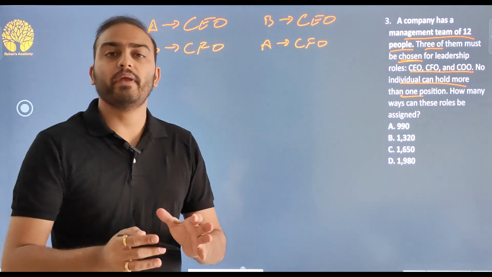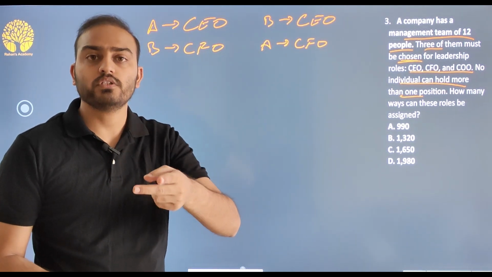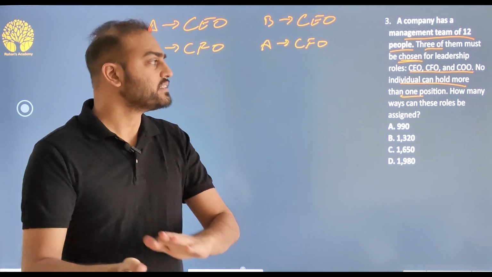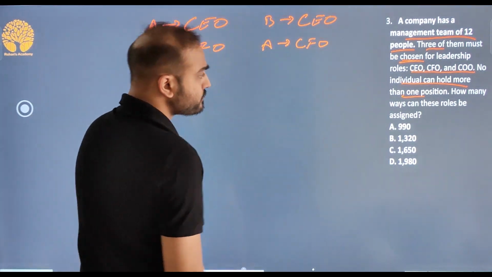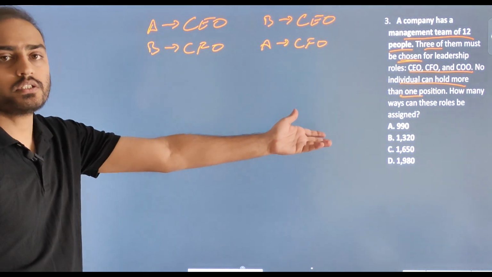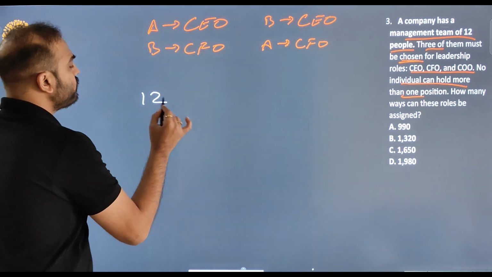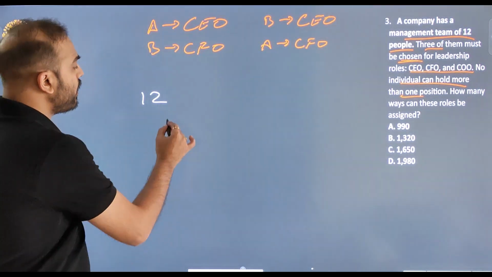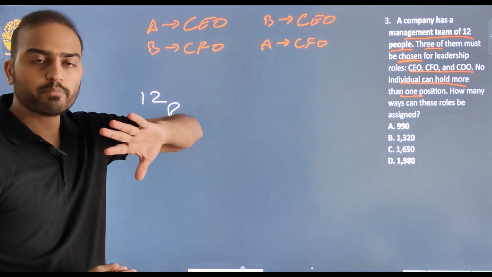So this is how you make sure that order matters, because I interchanged 2 values and got a new case. And now that I know order matters, I know I have to use permutation. It's very simple. How many options do I have? I have 12 people. How many do I want? I want to take 3 people and assign them 3 positions.